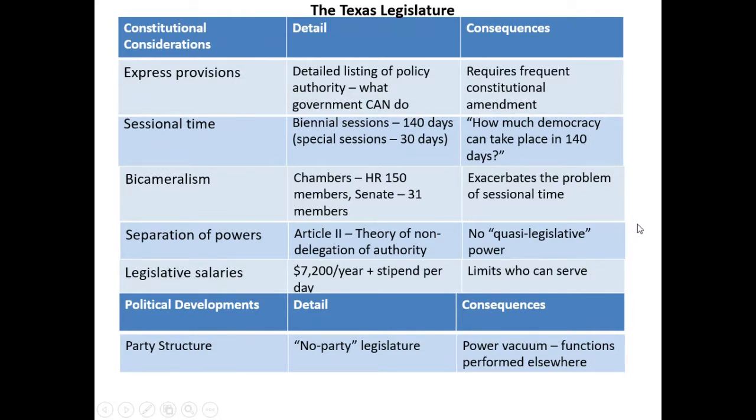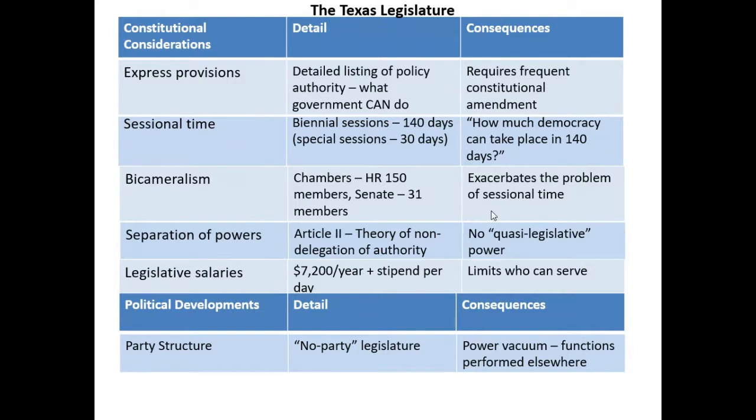I'm going to get into that in a little bit of detail, probably on Thursday. But for now, what I'm trying to say is that because you have dysfunctional party caucuses in the Texas legislature, a power vacuum is created. The kinds of functions that are traditionally carried out in a legislative body by party caucuses still have to be performed.